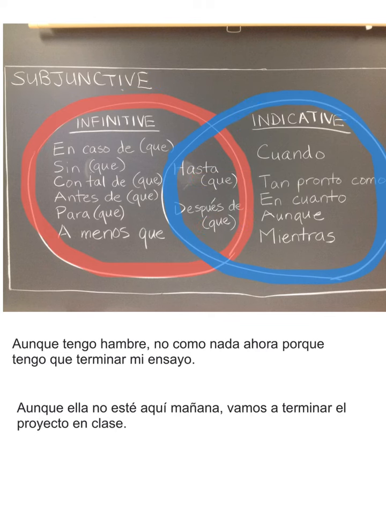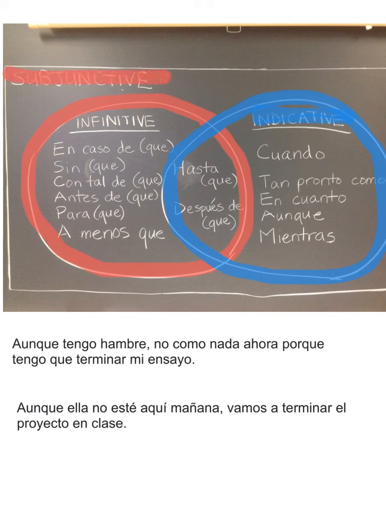Now in this center part of the chart, just like with the infinitive side, ESCAPA, hasta que and después de que, if I take away that que, it's just hasta and después de, then they're automatically followed by infinitive. So they behave in that way similar to ESCAPA. It's just that with the que, you have two options, either indicative or subjunctive.